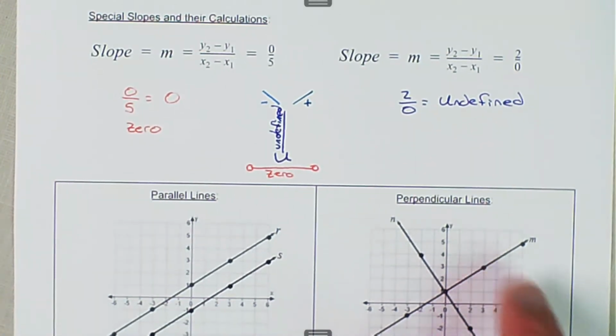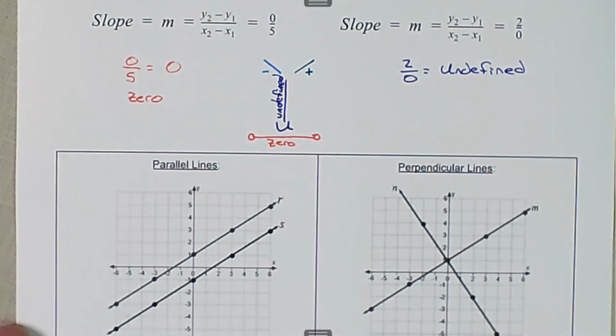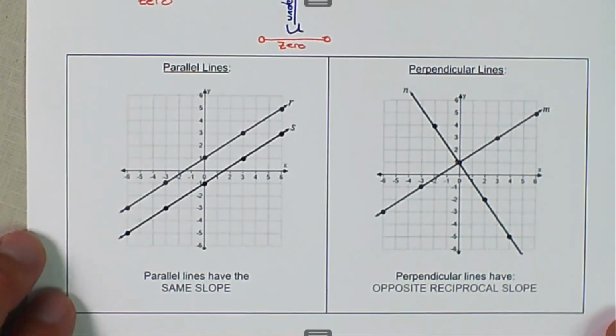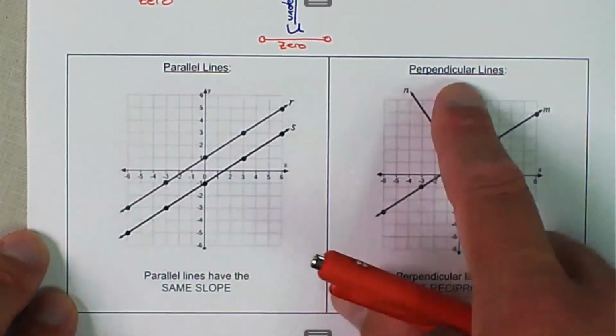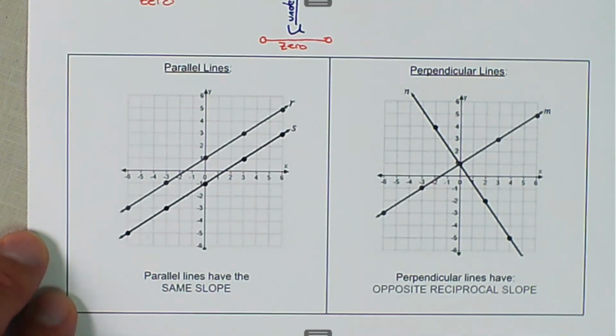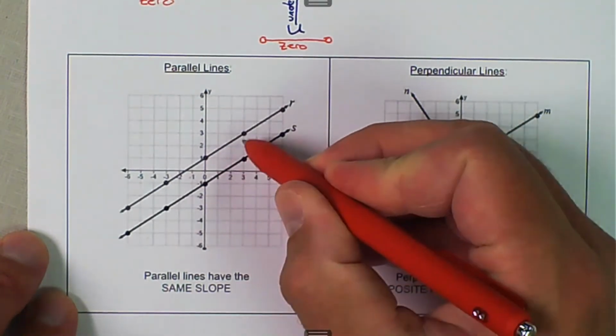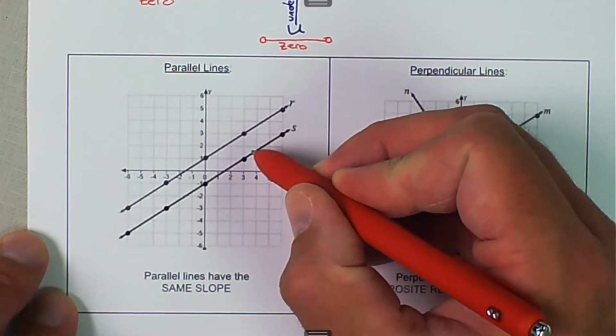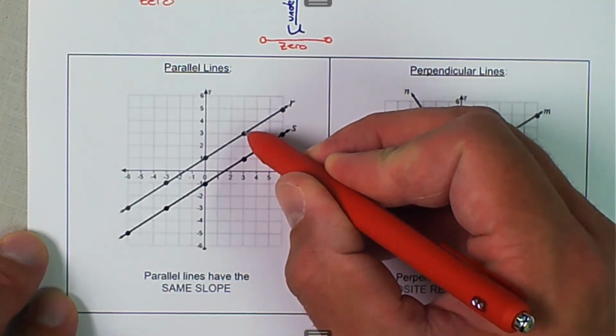There's no slope. So if we're going to look at these, a couple other cases that we need to look at are parallel lines and perpendicular lines. Parallel lines have the same slope. In this case, we have these grids on here, or these dots, and just to help see the triangle a little bit, I'm going to use this one right here.